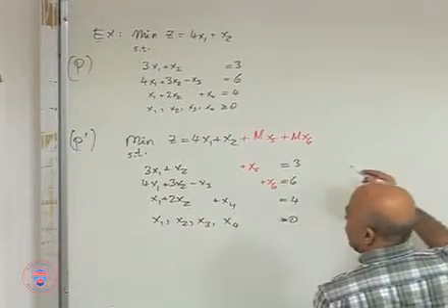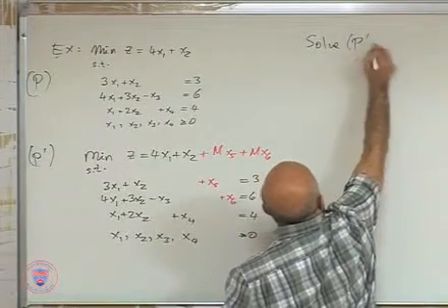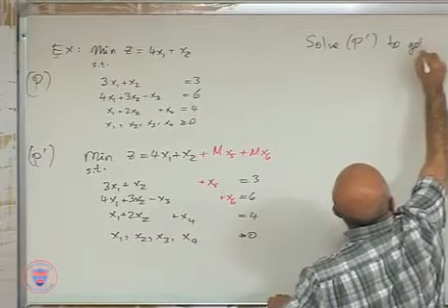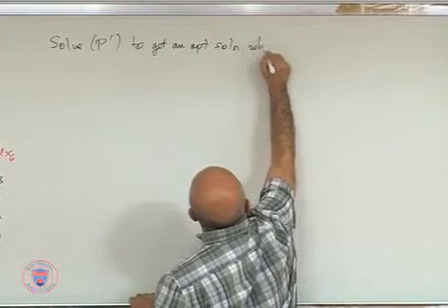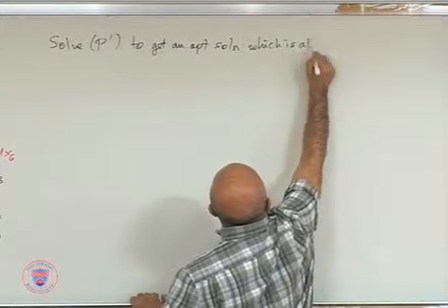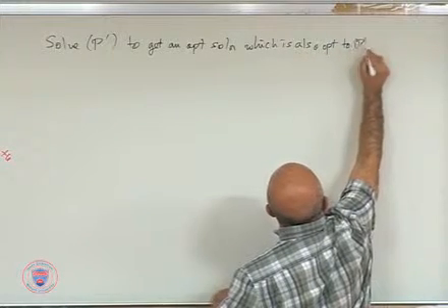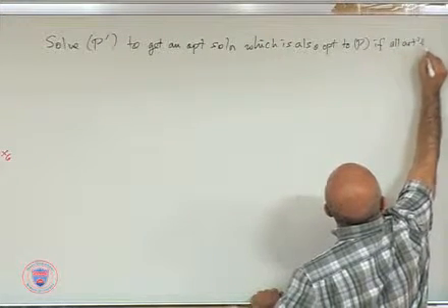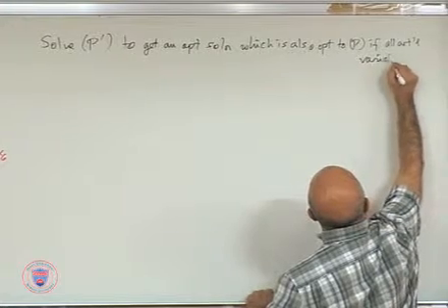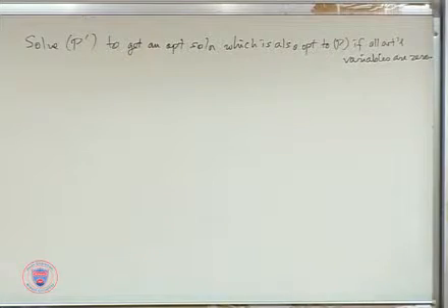So, we solve P prime, which is also optimal to the original problem if all artificial variables are 0.